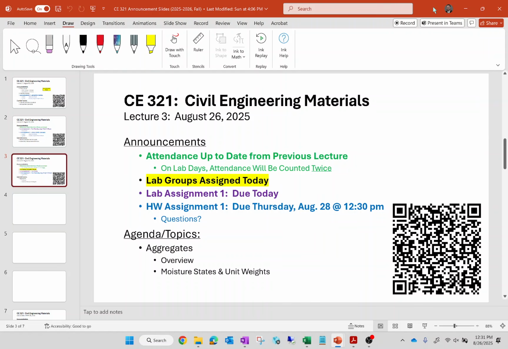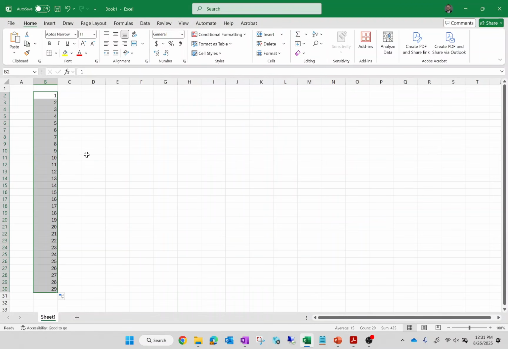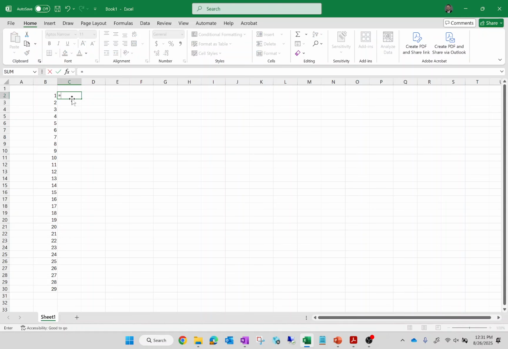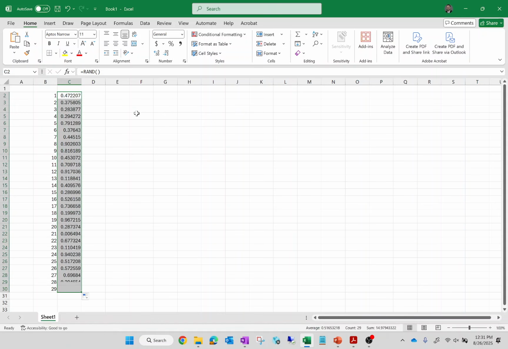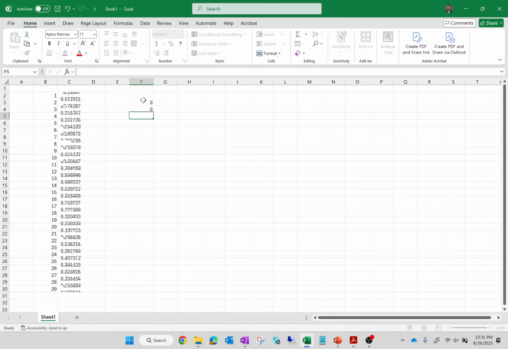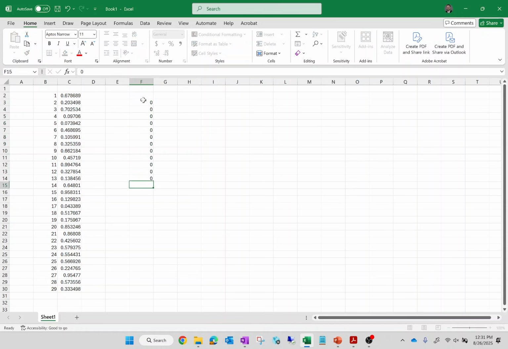A couple housekeeping items. So first off, lab groups. I've assigned lab groups today, and I'm going to show you my very scientific method for how I assigned lab groups. So there are 29 students in the class, right? What I do is I go to Excel, and I use what's called the rand function to generate a random number, okay? And I basically just go big money, big money, big money, Noemi, Noemi, Noemi, Noemi, stop.